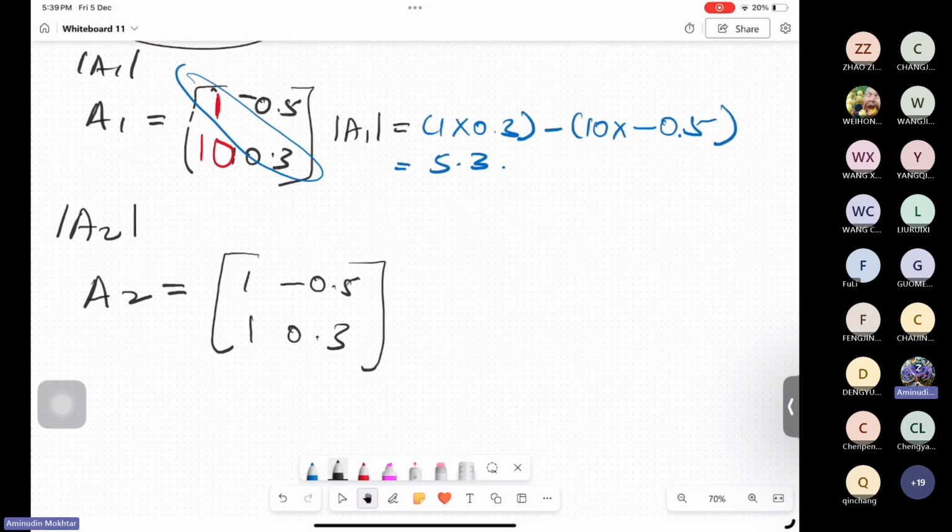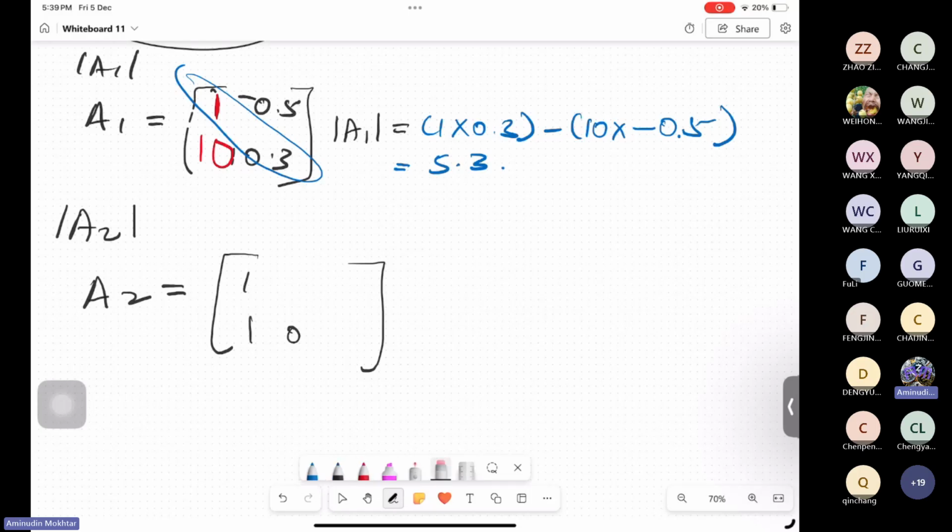For matrix A2, we replace the second column of A with B. Again, B is 1 and 10. Okay, that's all. I think it's quite easy, and I'm sure there's no problem for you to master this step.